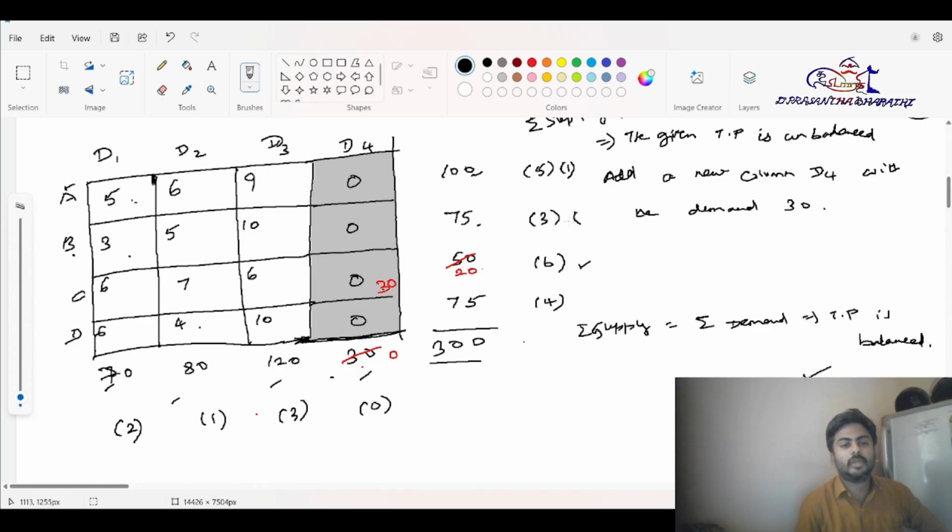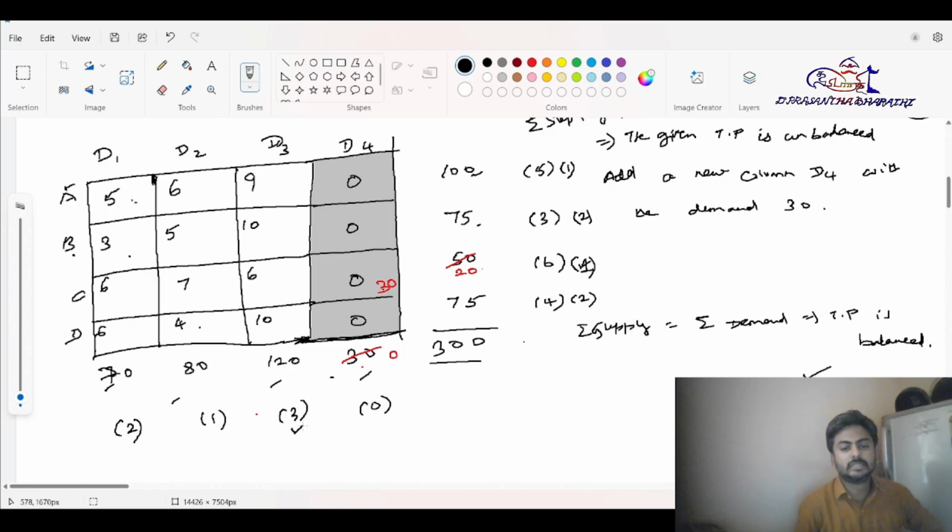No, it is not the same. It is 1 and it is 2, right? The difference between 5 and 6 is 1, between 3 and 5 is 2, between 6 and 7 is 1, between 4 and 6 is 2. Here nothing will change on these 3 because we have not cancelled any of the rows. Okay, now see the maximum penalty.